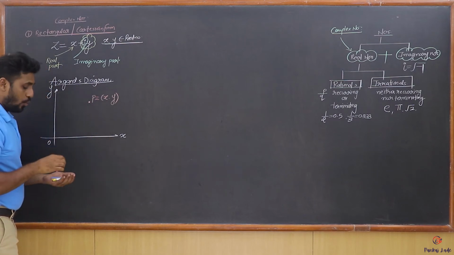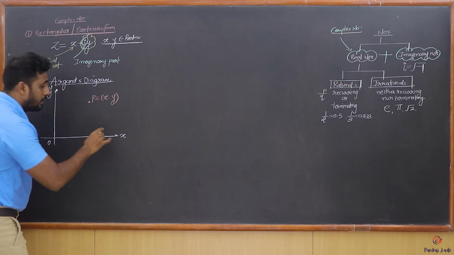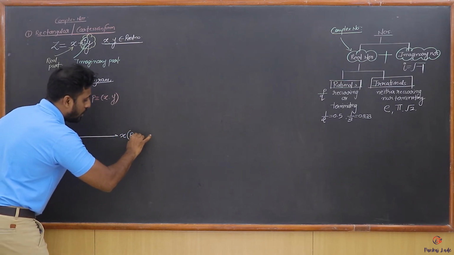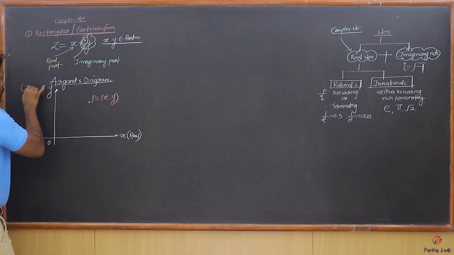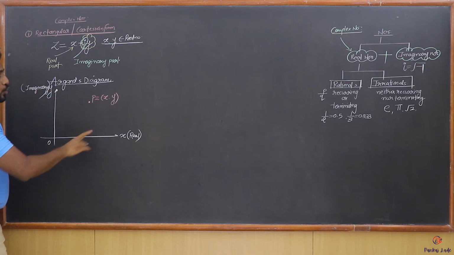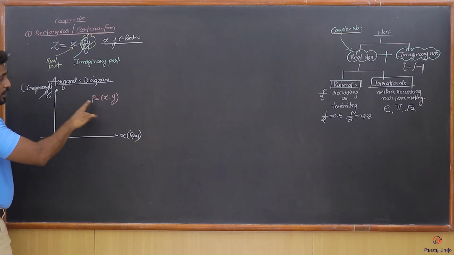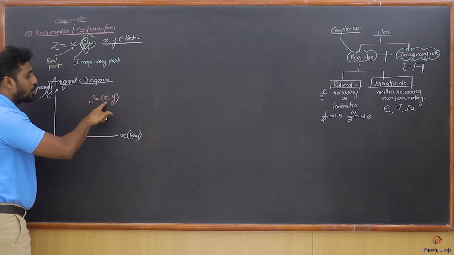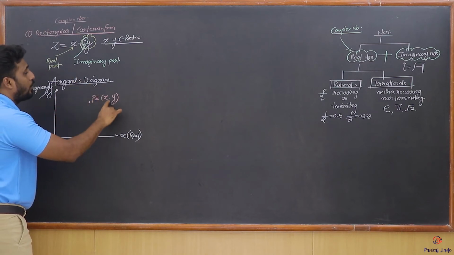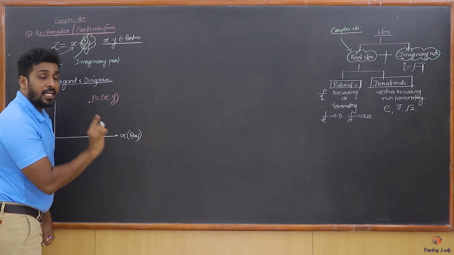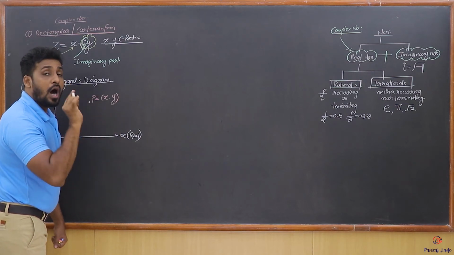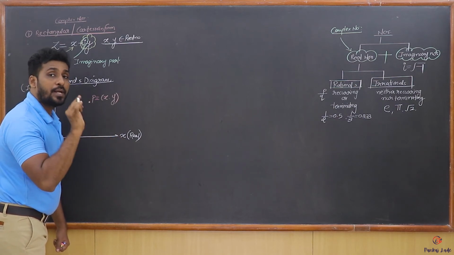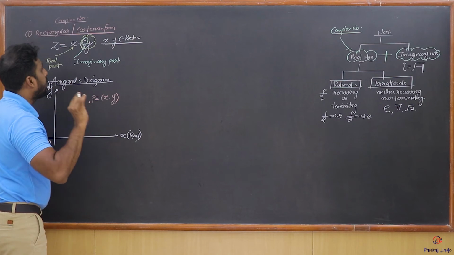We know x and y are both real values. Now remember, the x-axis is called the real axis and the y-axis is called the imaginary axis. So we have a real axis, we have an imaginary axis. There is a point P which has coordinates x, y. So we know x is the real part and y will represent the imaginary part when it is written along with an I. So I has to be mandatorily present to denote it as an imaginary part.